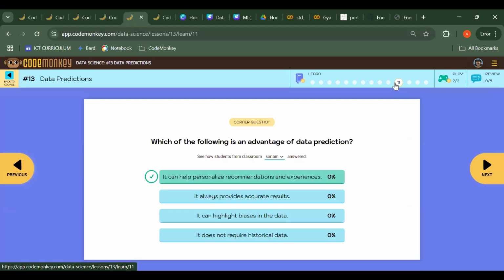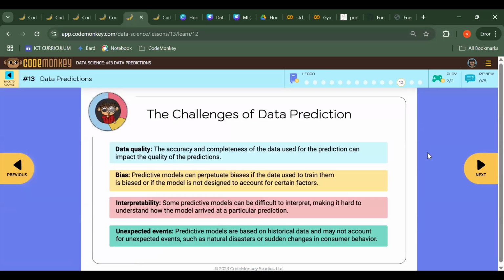Along with the advantages, there are some challenges as well. First, data quality. Data quality means do you think your information will be good?